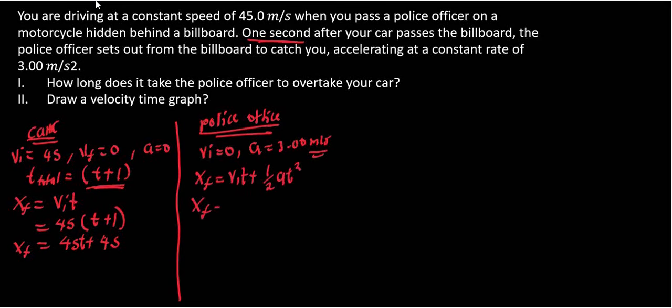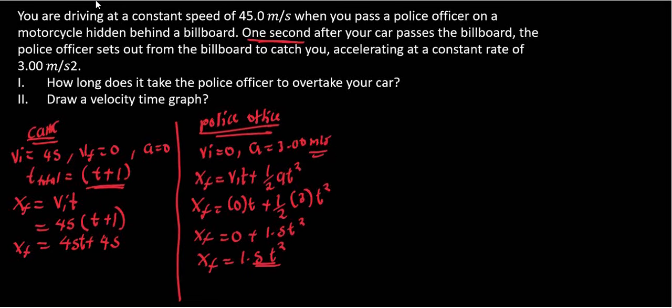So the final displacement is initial velocity 0 plus 1 over 2, times 3, which is 1.5 t squared. Like that, right? That's what it means there.